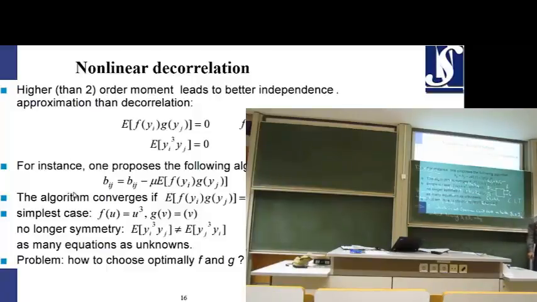So it means that if we can find a solution, W, in such a way that it tries to make the outputs as far as possible from the Gaussian PDF, we are actually getting close to the single source.